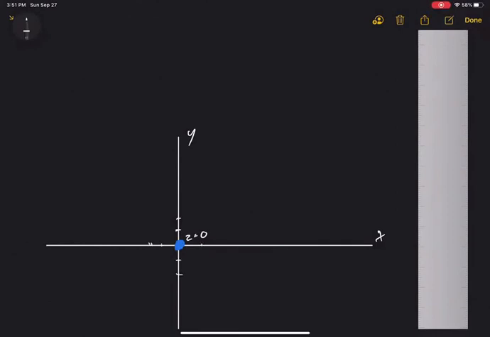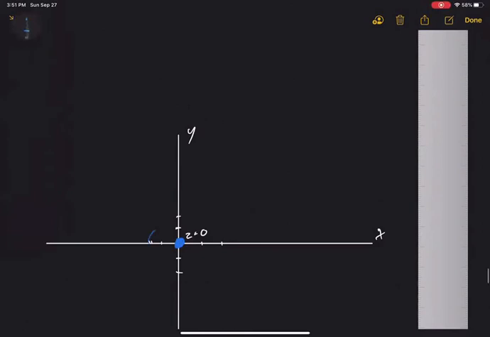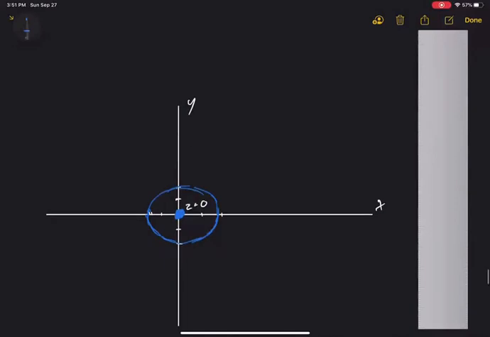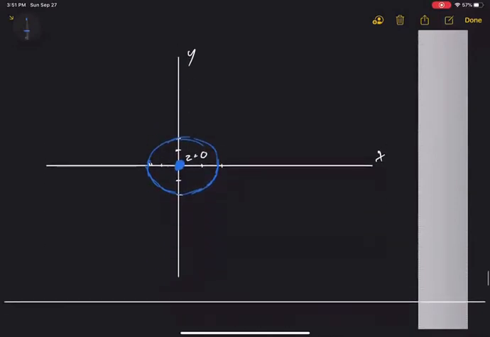Now I have this curve here. So that's my level curve for z equals 4.